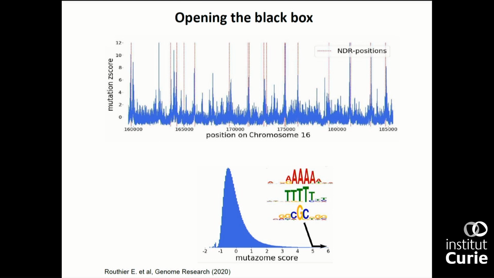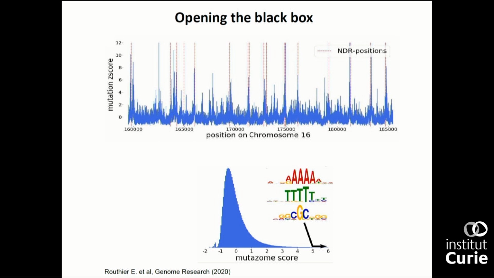You see that often the peaks are found at these nucleosome depleted regions, which is in fact expected. The interpretation is that the way nucleosomes are positioned on the yeast genome is that you have specific sites where you repel nucleosomes. And then nucleosomes tend to pack against these sites from which they are repelled, against the border of these sites. So that's where the mutations have the maximum impact.